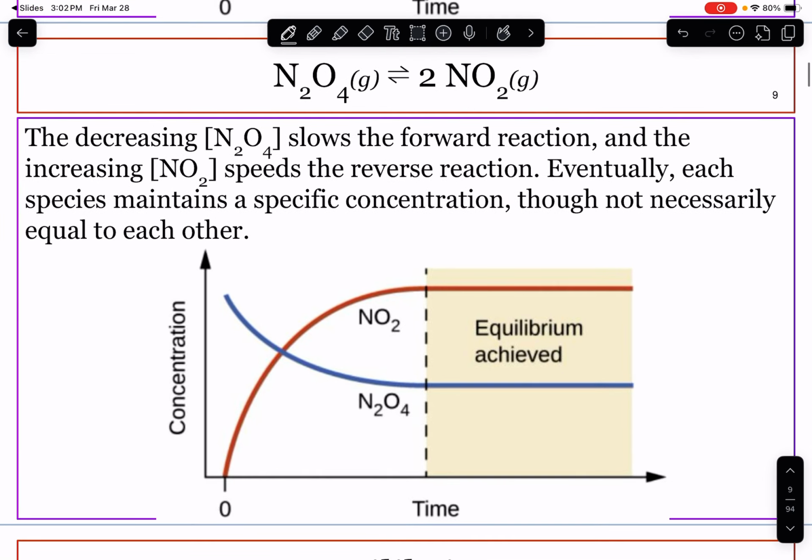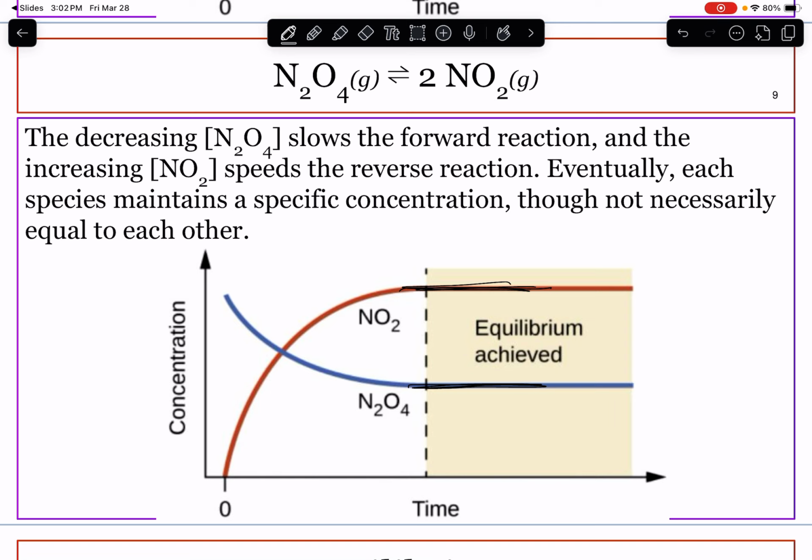The decreasing concentration or molarity of N2O4 slows the forward reaction, and the increasing concentration of NO2 speeds the reverse reaction.